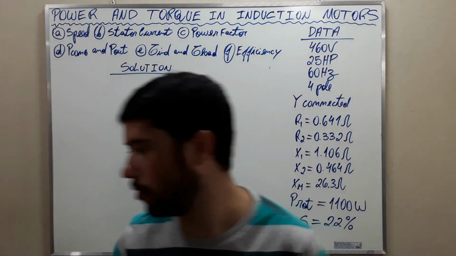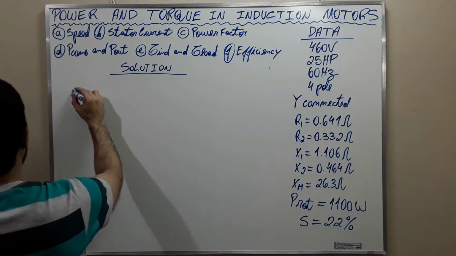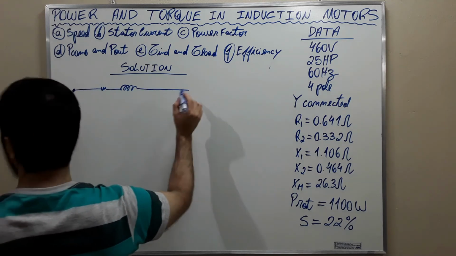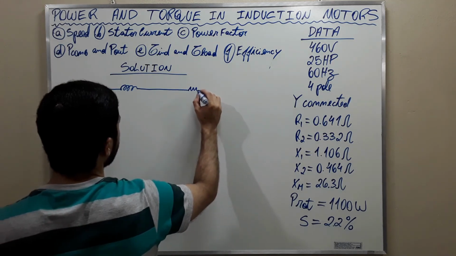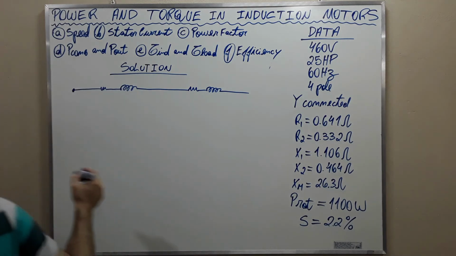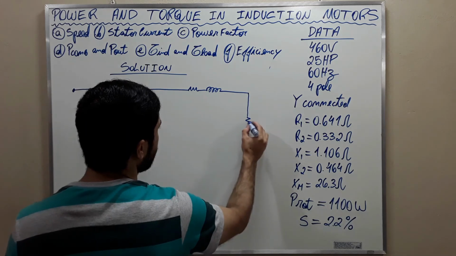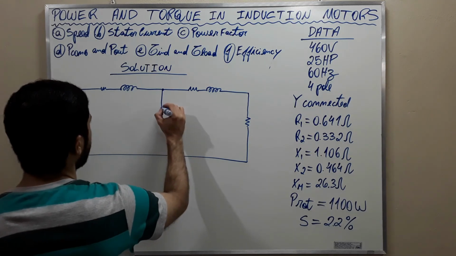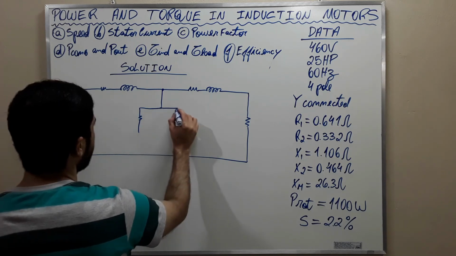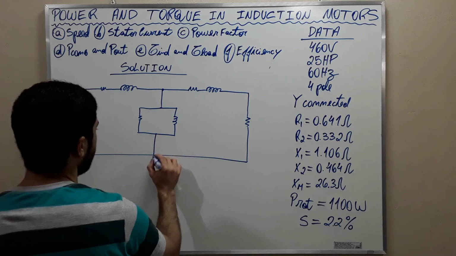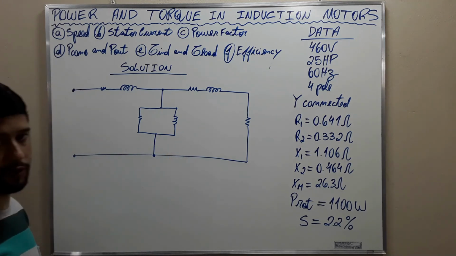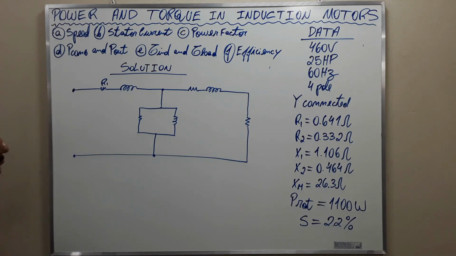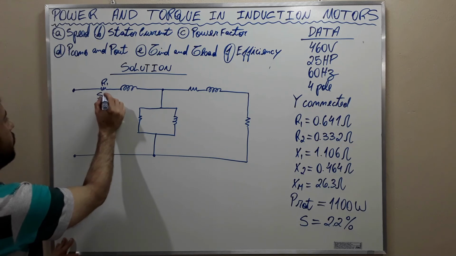It is referred to the stator side, where here is R1, and from R1 we calculated the stator copper losses.